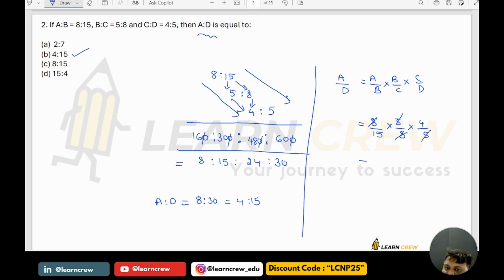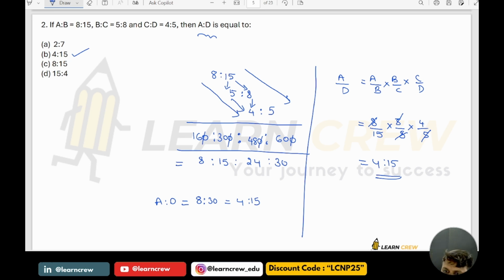So A by D is finally 4 is to 15. When A is to B, B is to C, C is to D are given, A is to D is nothing but the compound ratio of these three, which is 4 is to 15. I hope it is clear.